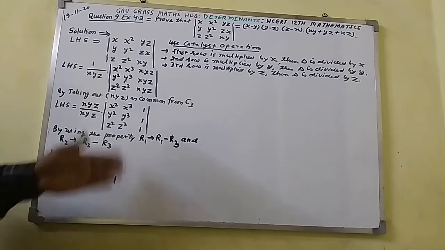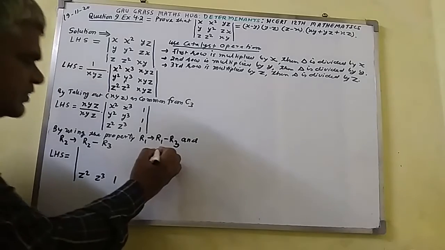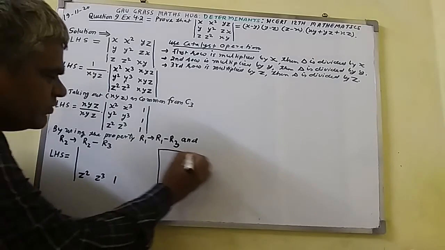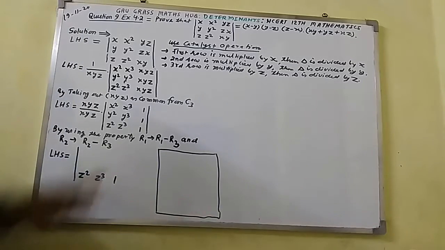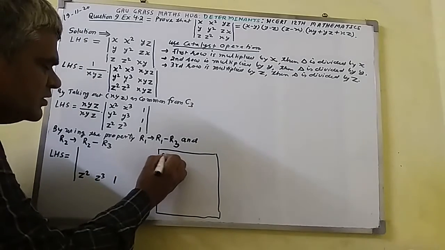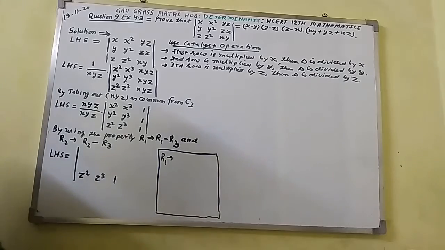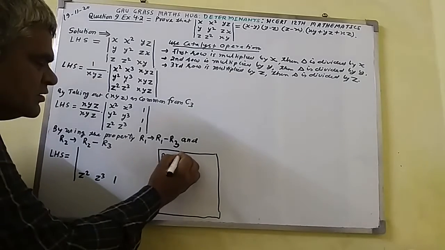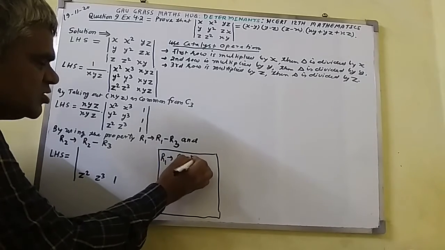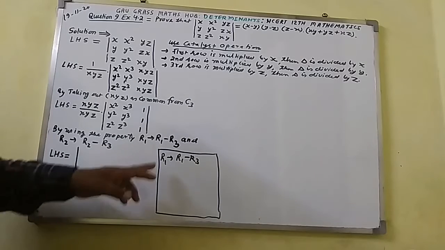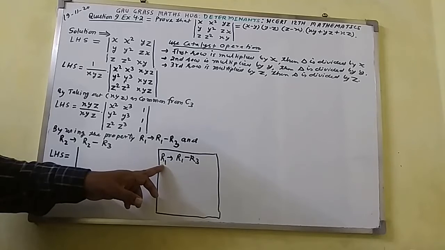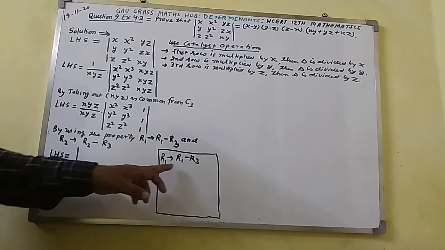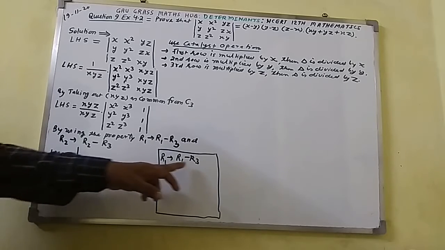And here just do the things here. Rough work. Here I have written R1 goes to R1 minus R3. R1 goes to, this means that only changes will occur in the first row. There will be no changes in the second row and third row as per this property.